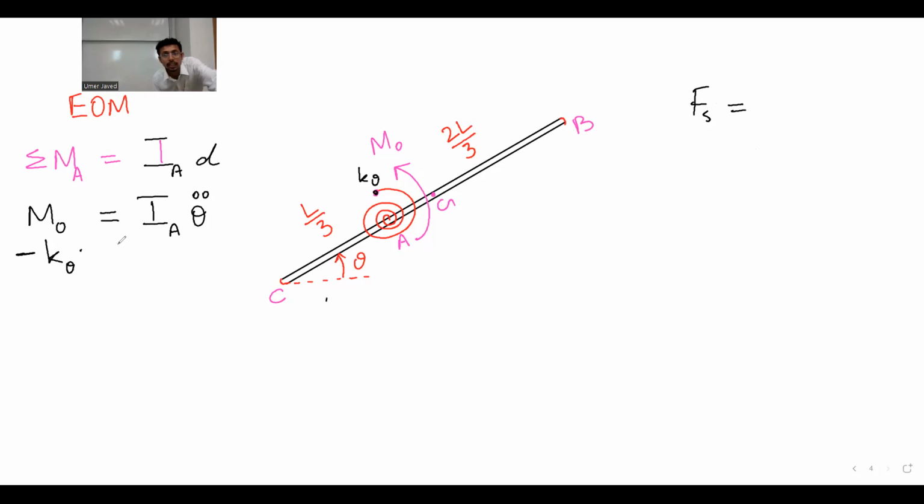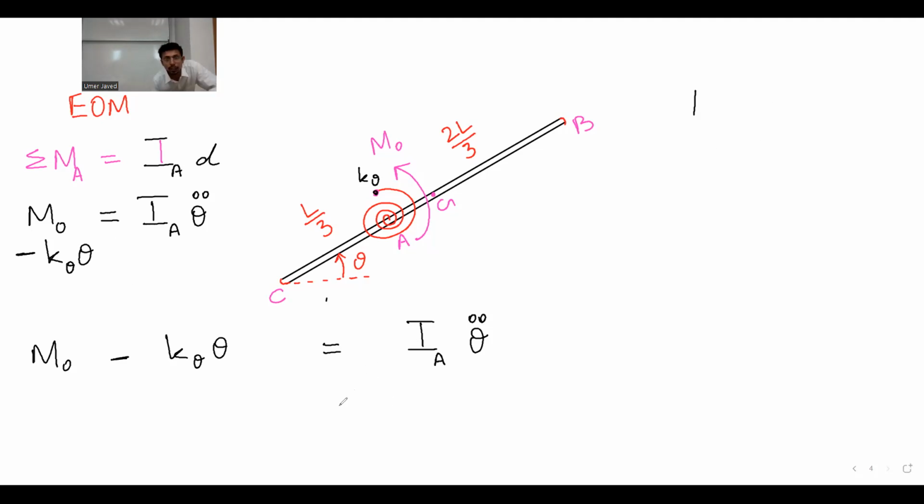So I guess this is how he figured it out. So we will have M node minus K torsional spring theta is equal to IA theta double dot.